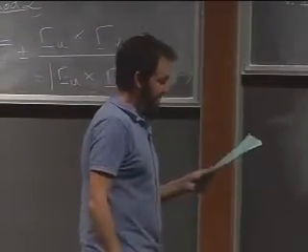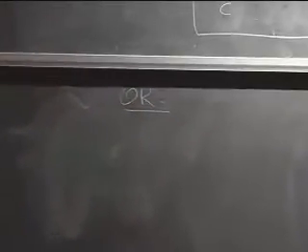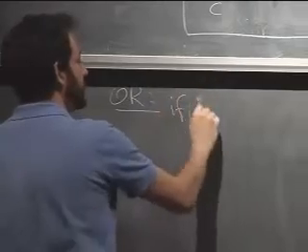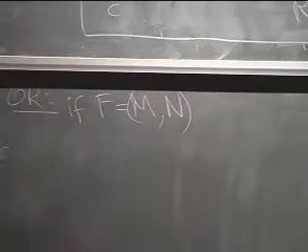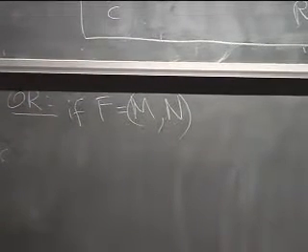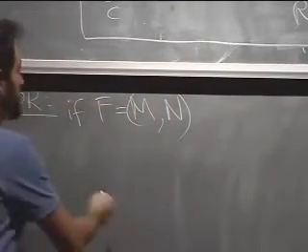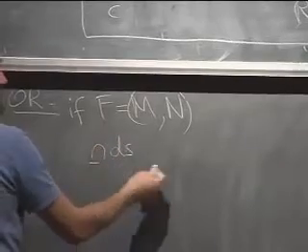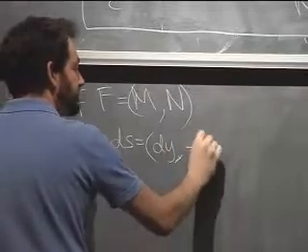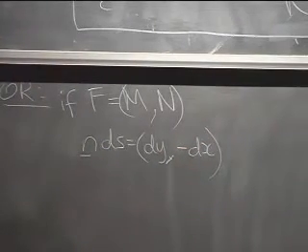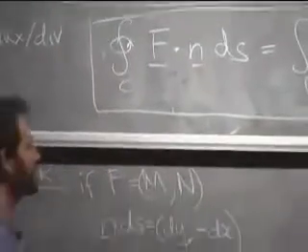Now, in order to apply it, there's an alternative version which expresses it in a nice way. If F is equal to M comma N, so if you write it as some function of x, y and another function of x, y, then you can express this normal as we did earlier. Remember, n ds you somehow thought of as dy comma minus dx. I wrote that formula up earlier. So you can change this by taking a dot product of those two as follows.